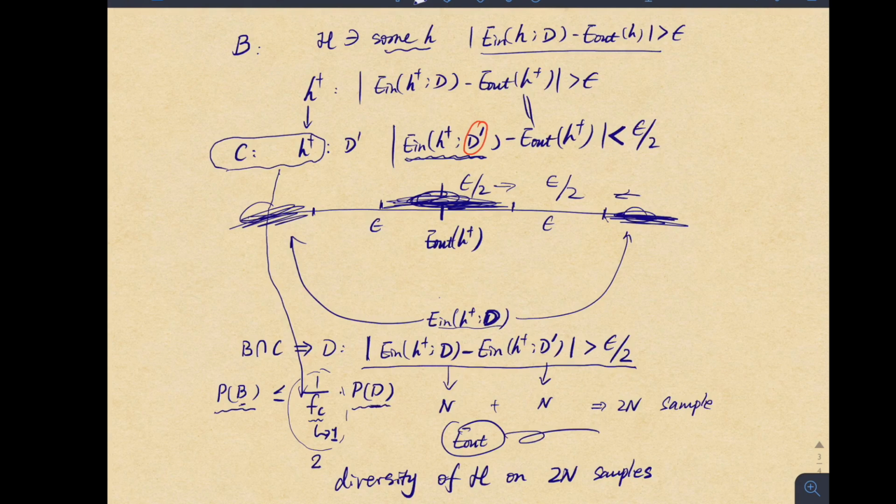By another Hoeffding inequality, we can bound the chance of having a large difference in in-sample error on these two data samples. And in this indirect way, we bound the chance of having a larger difference between the in-sample and out-of-sample errors on a single dataset. That is a significant achievement of learning theory.